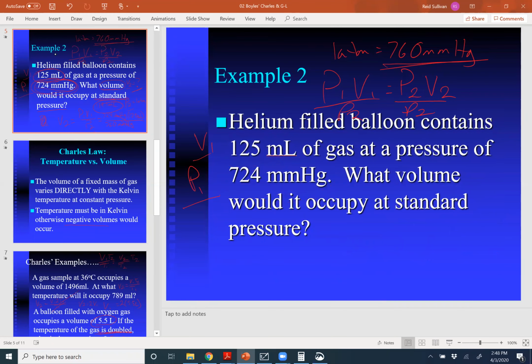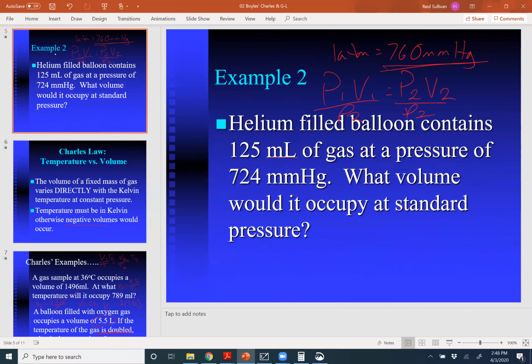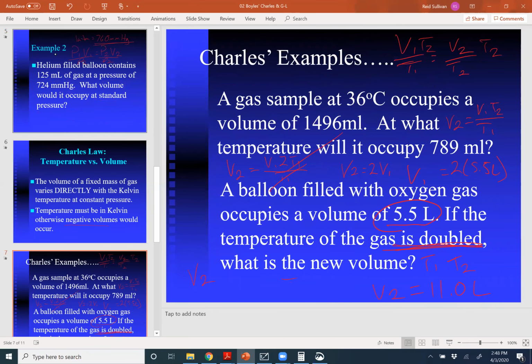All right, so if we look at the, I'm erasing the wrong one. There we go. If we look at the first example here, where we actually have temperatures, then we're going to make sure that those temperatures are converted into Kelvin. Otherwise, the math doesn't work.